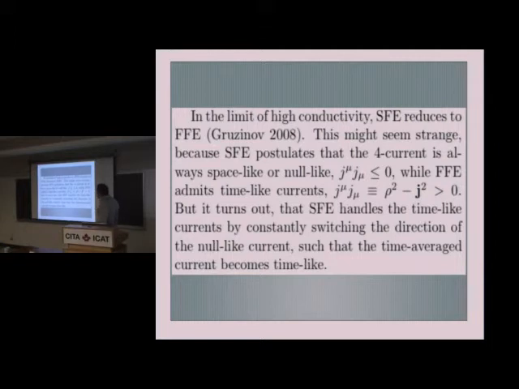So for a while, people thought that strong field electrodynamics doesn't work. But in fact it does work. It remarkably reproduced closed field line regions by doing the following trick. This funny Ohm's law, at each time step, switches the sign of the space-like current in such a way that the average current becomes actually time-like.